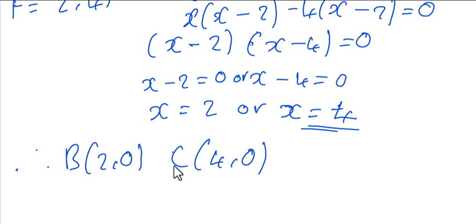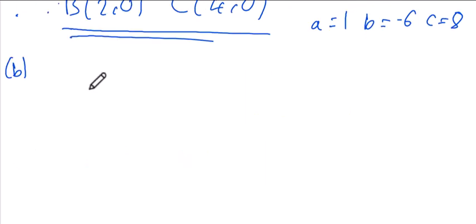For the next part, we're told to find the coordinates of the turning point of the graph. What we need to do in this particular case is use our formula, x equals negative b over 2a.